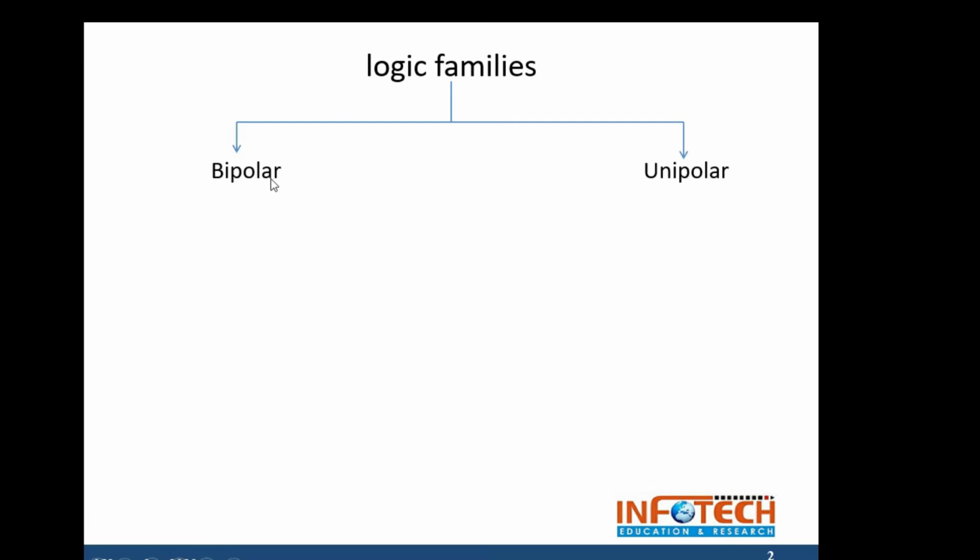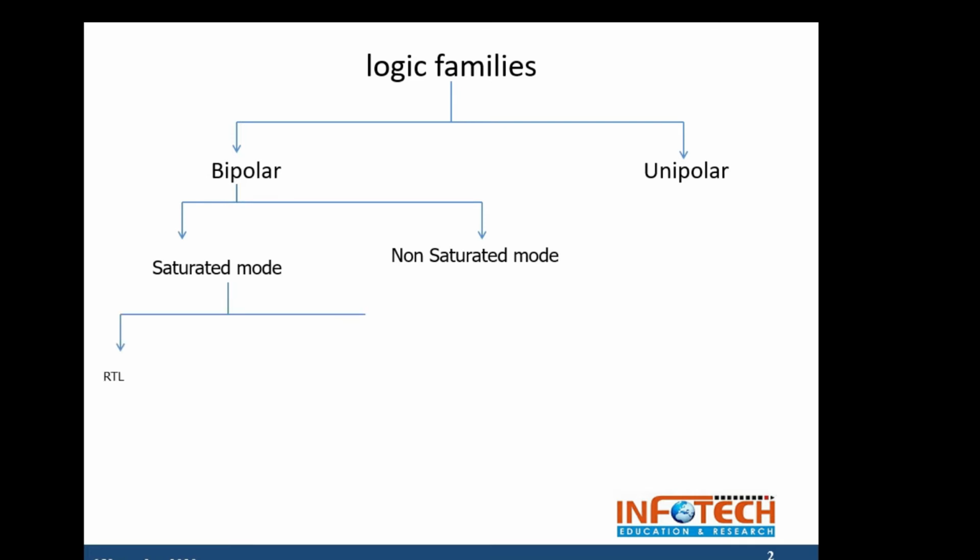Again, the bipolar logic family is divided into two parts. First one is the saturated mode and second one is the non-saturated. Under the saturated we are having RTL, that is the resistor transistor logic, and the second one is DCTL, that is the direct coupled transistor logic.